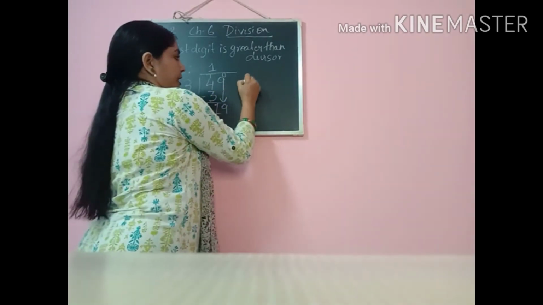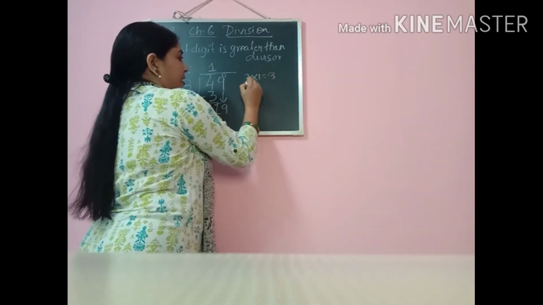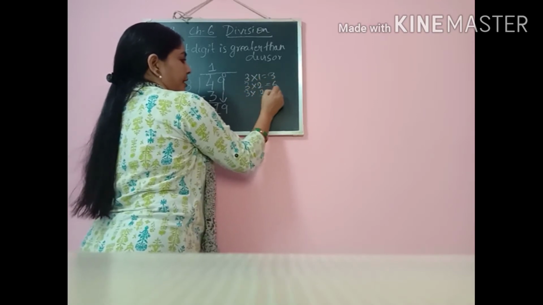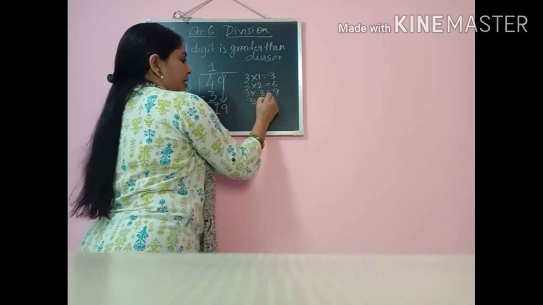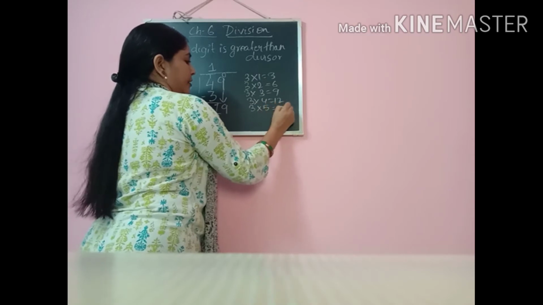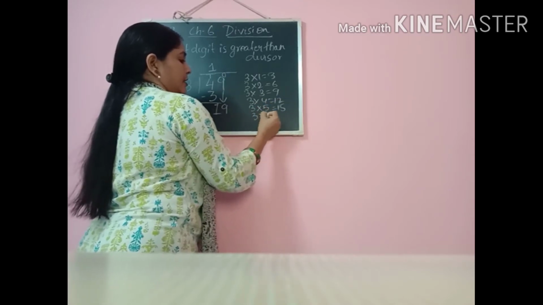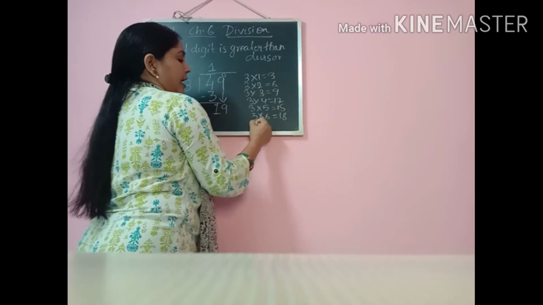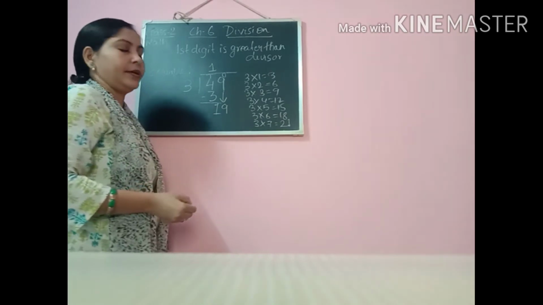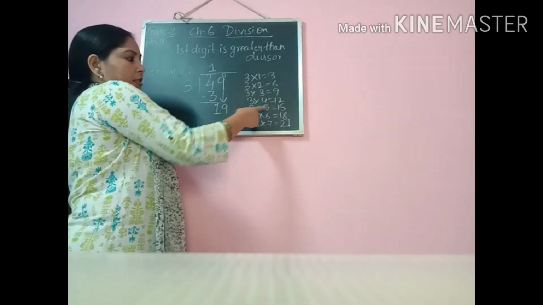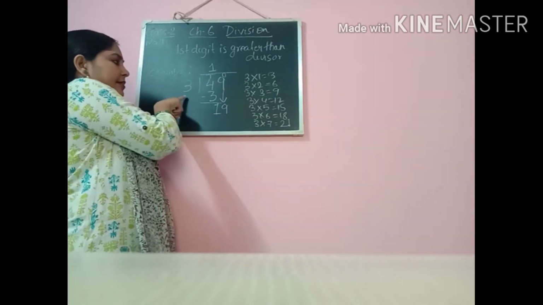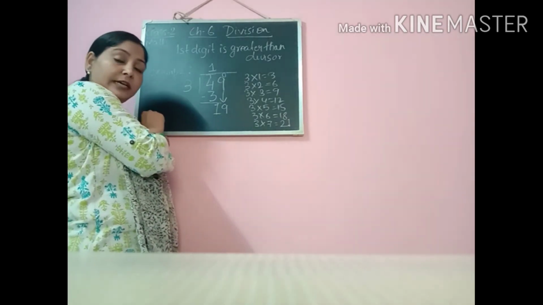So let us read the table. 3 ones are 3, 3 twos are 6, 3 threes are 9, 3 fours are 12, 3 fives are 15, 3 sixes are 18, 3 sevens are 21. Now see, if I take 3 fives are 15, the remainder which will come will be greater than 3. So that is not correct.